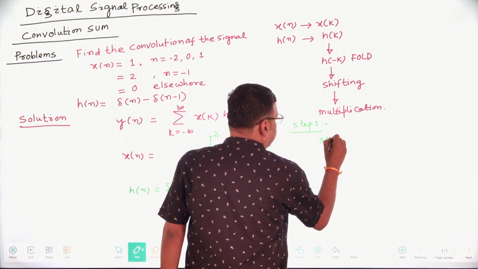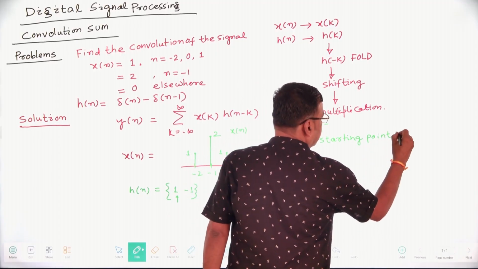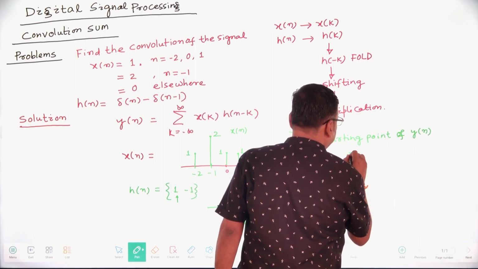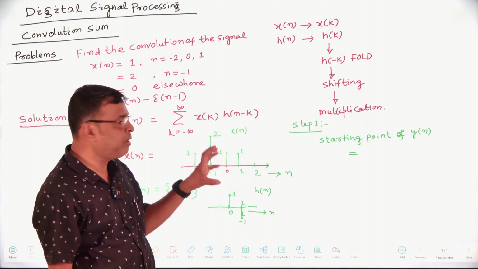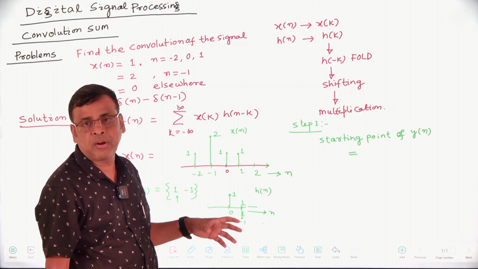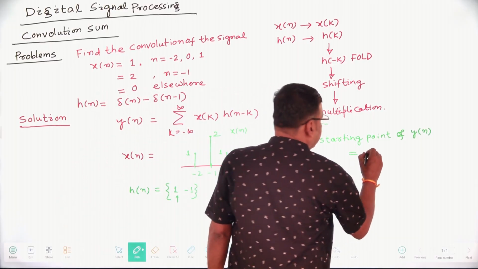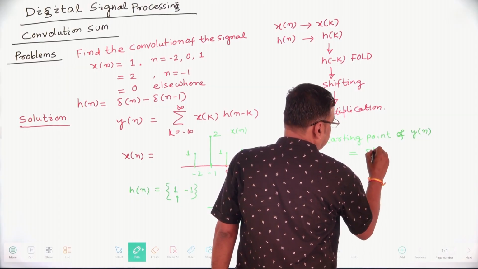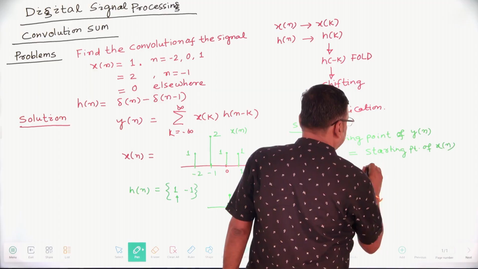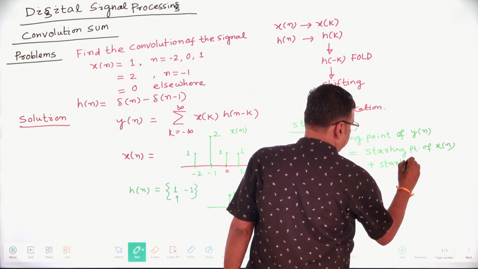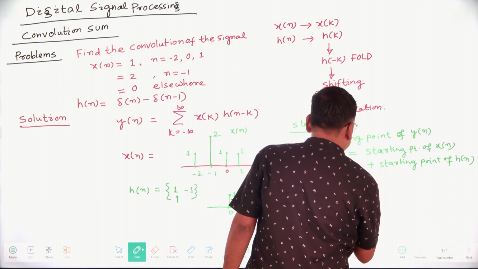The starting point of y of n equals the starting point of x of n plus the starting point of h of n. That is the starting point of x of n.